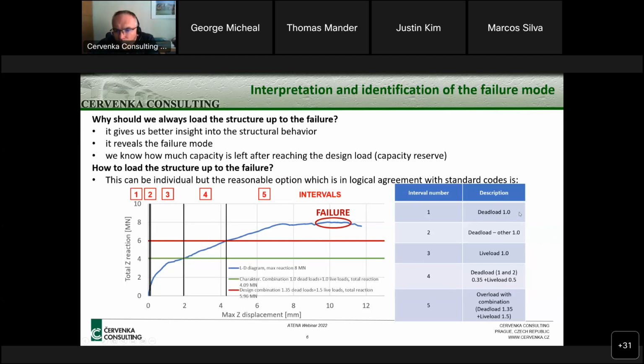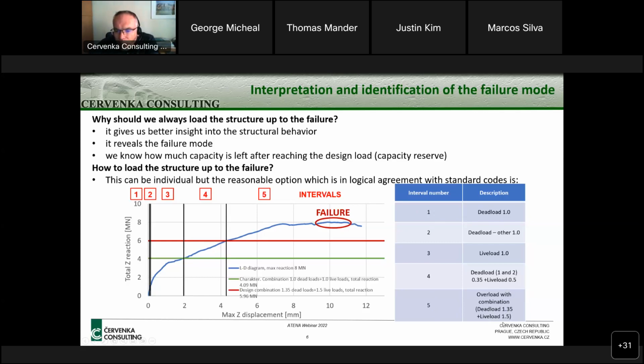So it is good to define a first interval that represents, or let me put it like this. We have to understand that in the end, we want to verify some load combination. For instance, this load combination, 1.35 times dead load and live load with a partial factor of safety of 1.5.